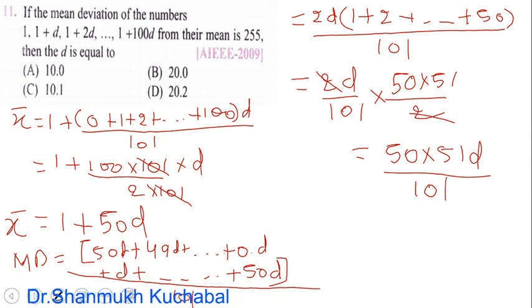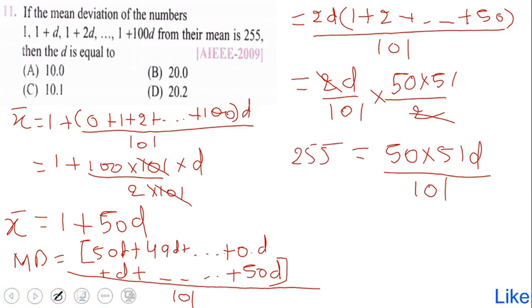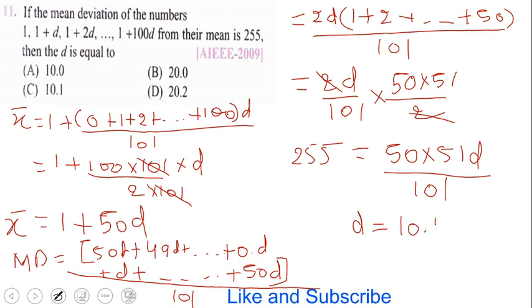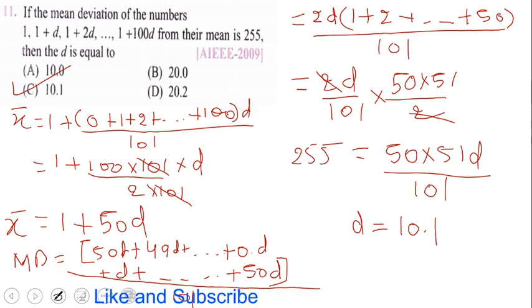And on the LHS, the mean deviation is 255. Using this, this expression will simplify, and we are going to get the d solution as 10.1 here. So clearly option C is the right answer here.